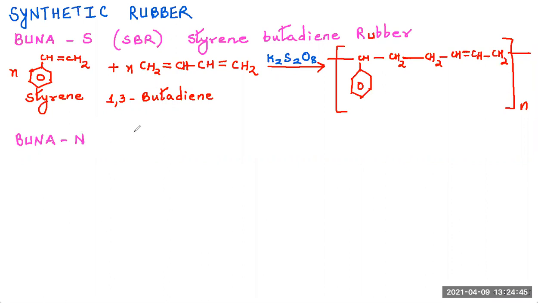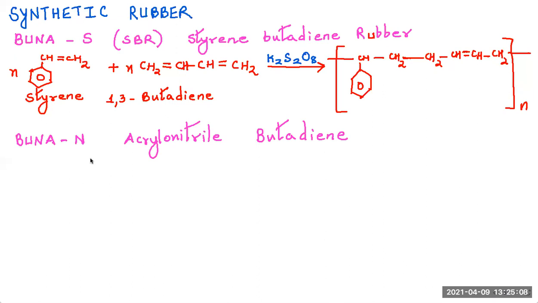So I have to take vinyl cyanide, that is acrylonitrile, and butadiene. That is understood. It is 1,3-butadiene.